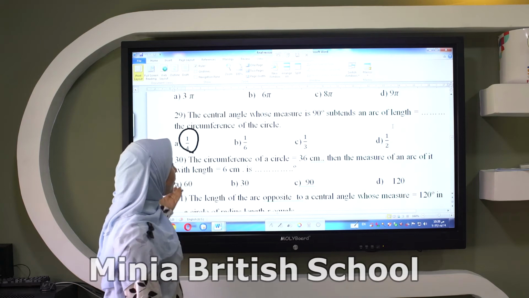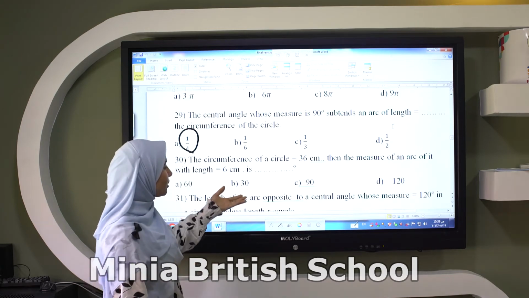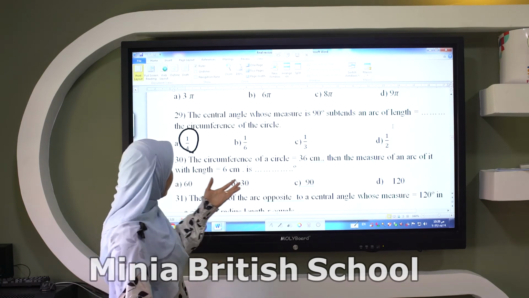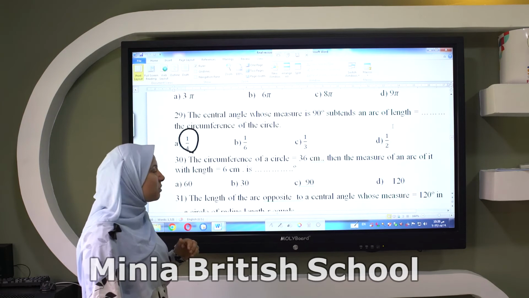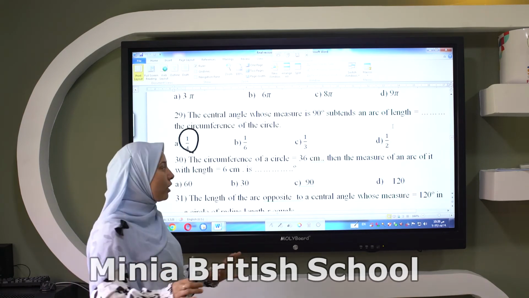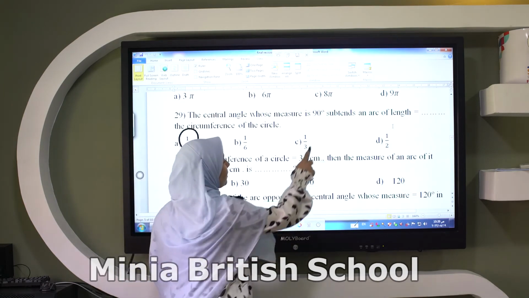By the same rule you can solve number 30. The circumference of the circle is 36, and the measure of the arc with length equal to 6 centimeters equals what? Now you need to find the measure of the arc. By the same rule, the length of the arc equals 6 centimeters.